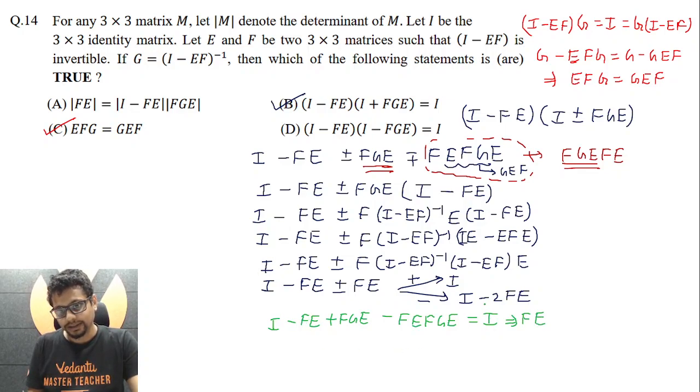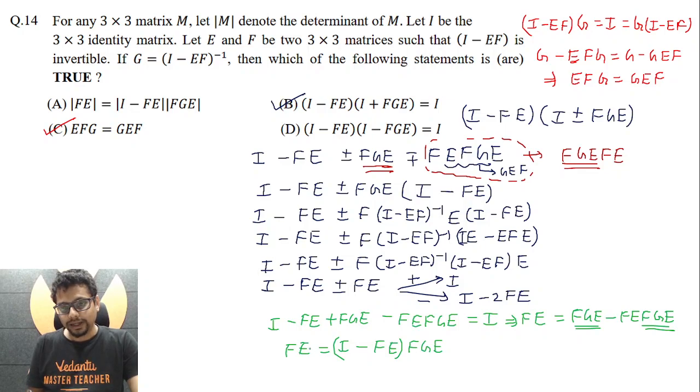Minus FE you take on the other side, you get FE equal to FGE minus FE FGE. Now this FGE you may take, since I want I minus FE, so you may take FGE post factor common. So you may say FE is equal to I minus FE, since we are taking post factor common, FGE.